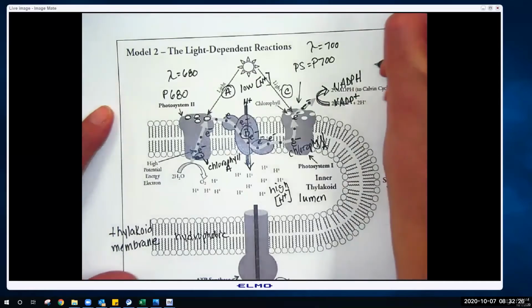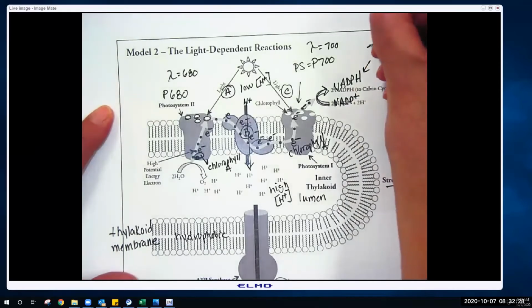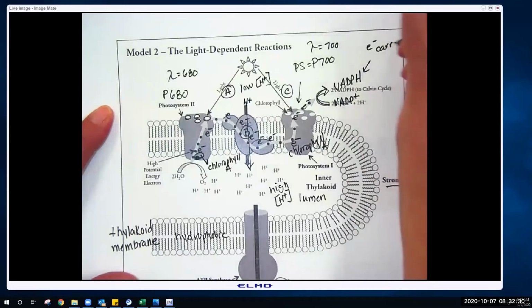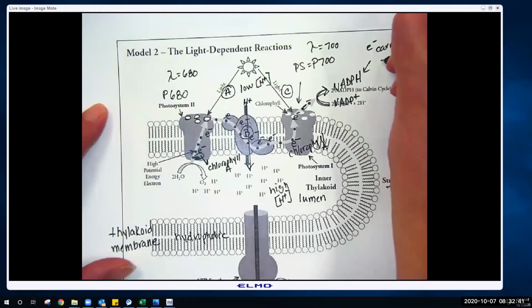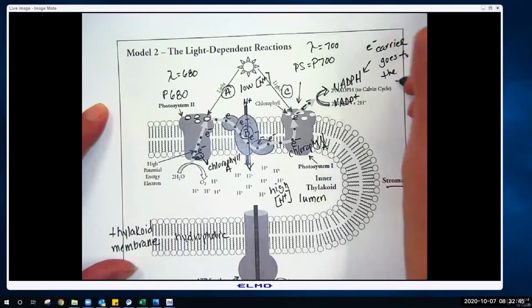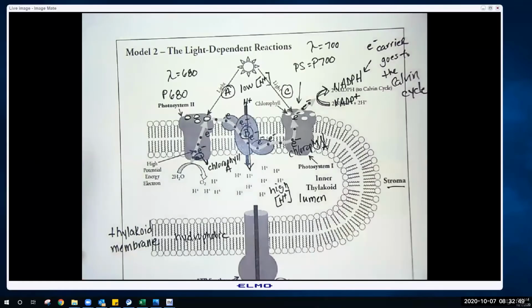This is our electron carrier. That electron carrier is going to be really important because we're going to need that electron later when we go on to the Calvin cycle. But that is an energy-rich molecule carrying an electron for us, and it's going to go on to the Calvin cycle.